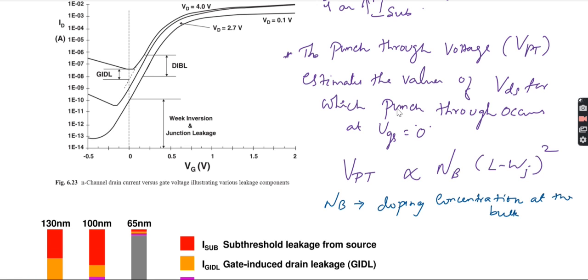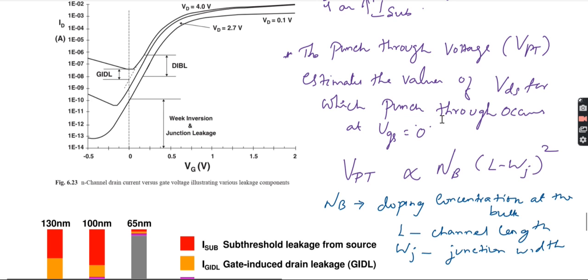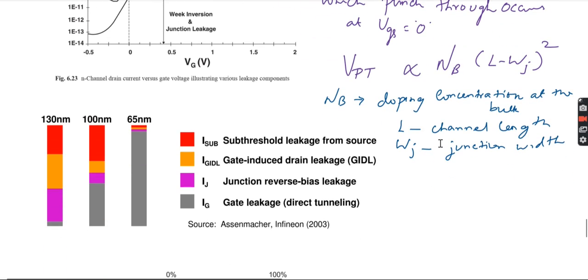Next, L. L is nothing but the channel length. Then Wj. Wj is nothing but the junction width. So these three parameters affect or give the punch through voltage.